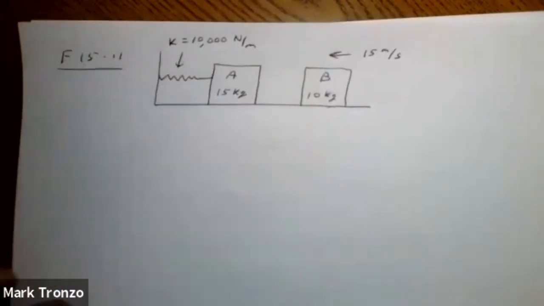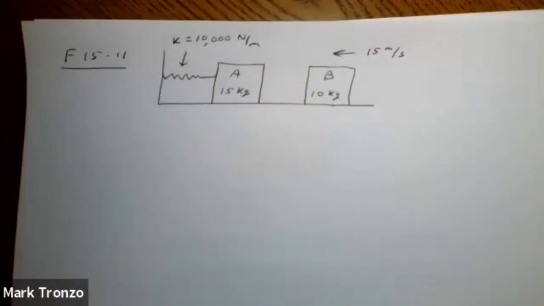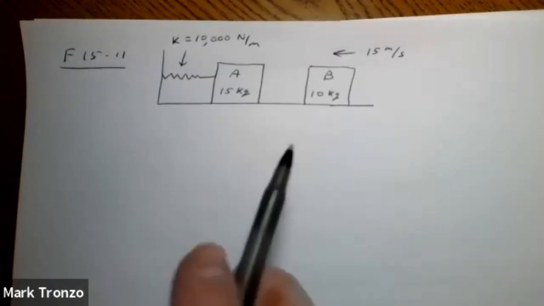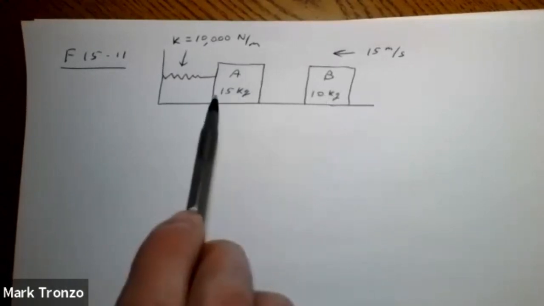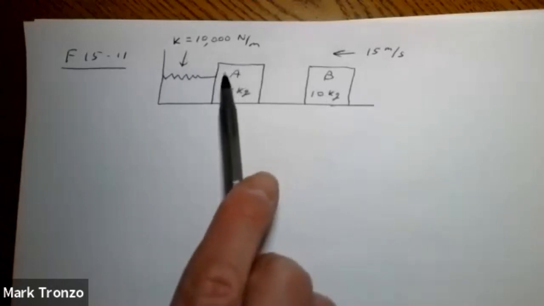So we have a spring that's at 10,000 newtons per meter, and block B is heading for block A. This is similar to the problems you had before, except remember before we had a block heading towards the spring, but we didn't have another block here.